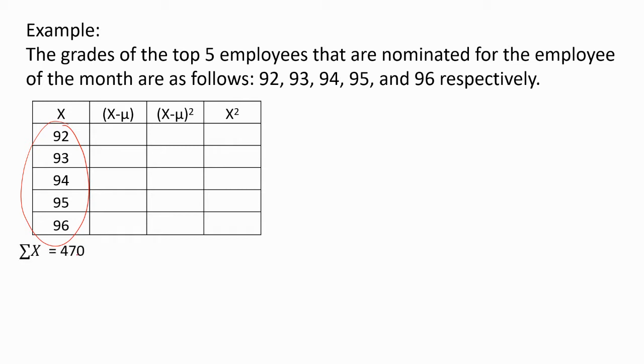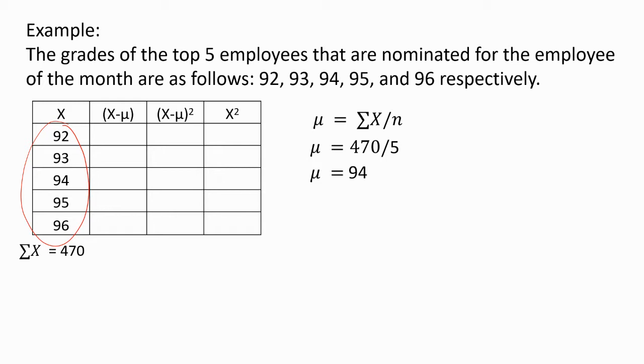So the total of all of this is 470. Now, since we're able to get the total, we can actually compute now for the mean. Since we have only 5, we can actually go ahead and directly substitute it in the value. So that's 470 divided by 5, you'll get 94.